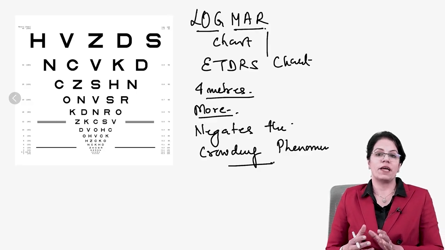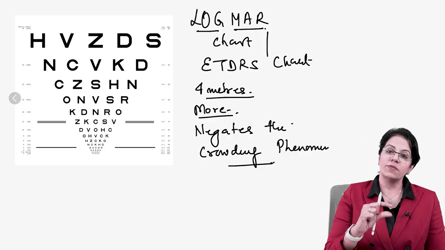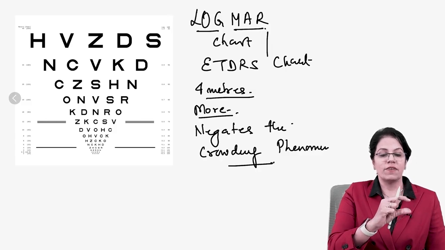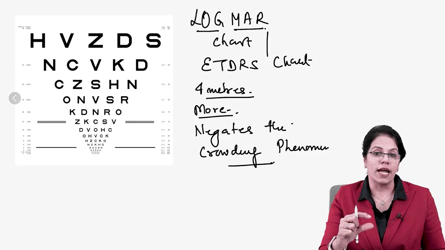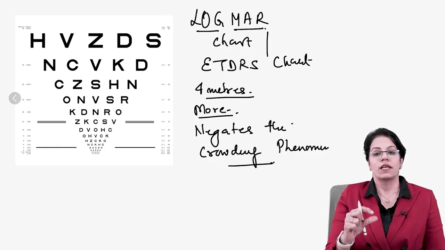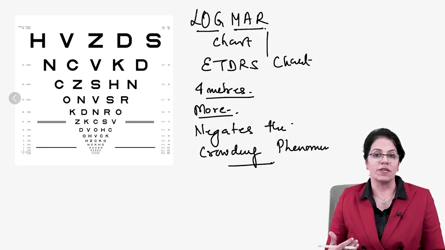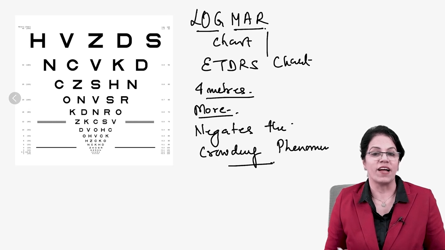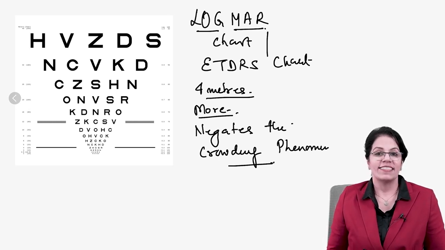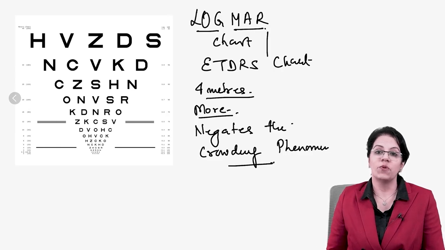Especially, this is a feature of amblyopia: when a same-size letter is presented independently to a child who has amblyopia, he can read that. But when it is presented with many letters, he is not able to read. That is called the crowding phenomenon. So it negates this factor of crowding, and therefore it is considered more accurate.